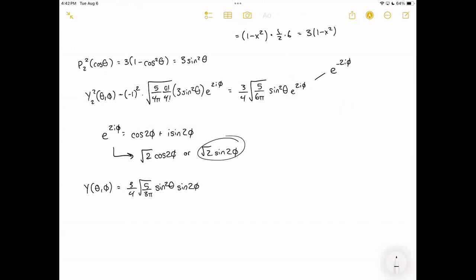To determine the name or the shape of this orbital, we need to use some trig identities. The basic thing we're going to do is we'll end up using some of this identity.